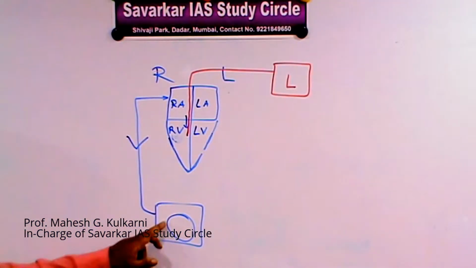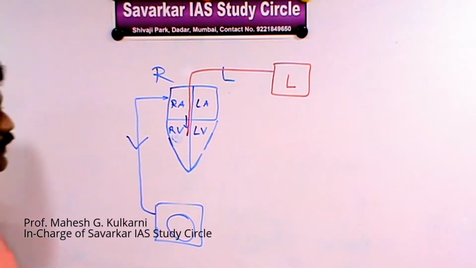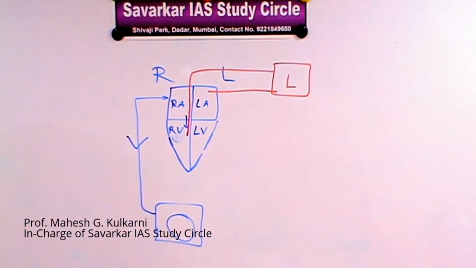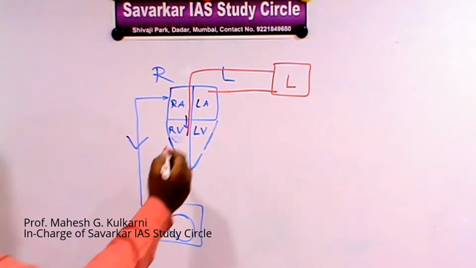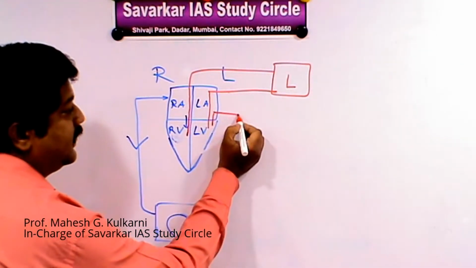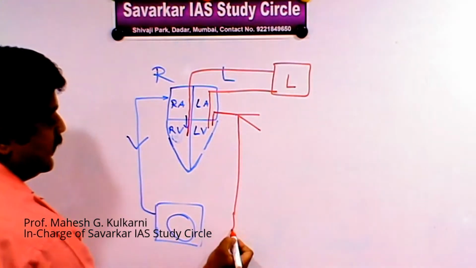This is general, but this is specific. I am showing it is going through the lungs. From the lung, blood is coming to the left auricle. From the left auricle, blood enters the left ventricle, and from the left ventricle, blood is again transported to various organs. So I am showing here.